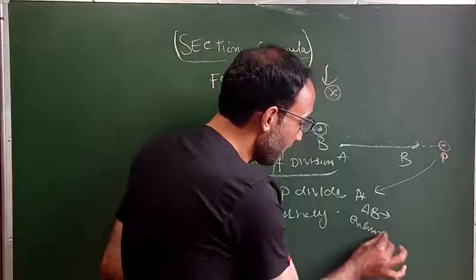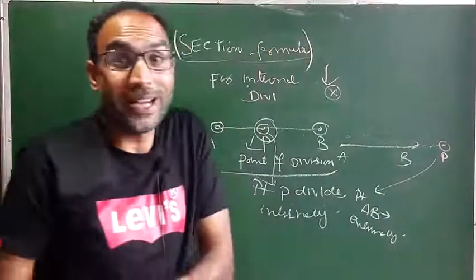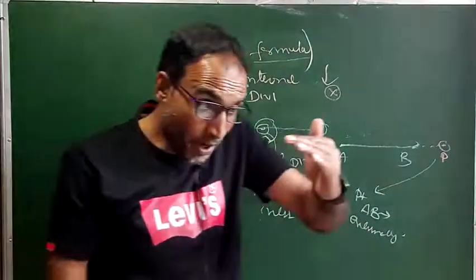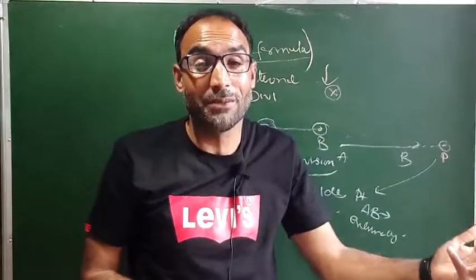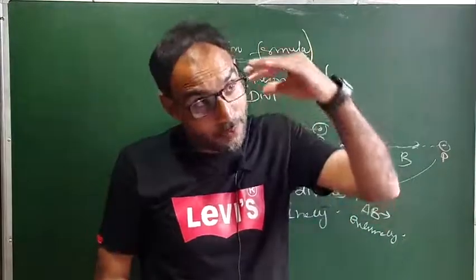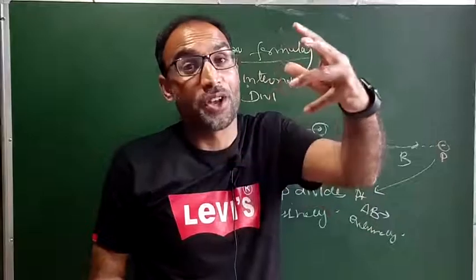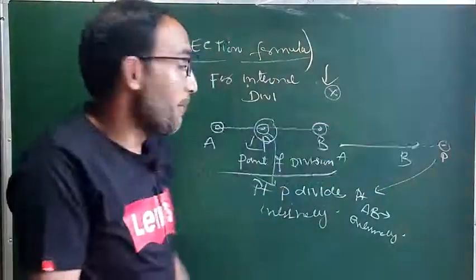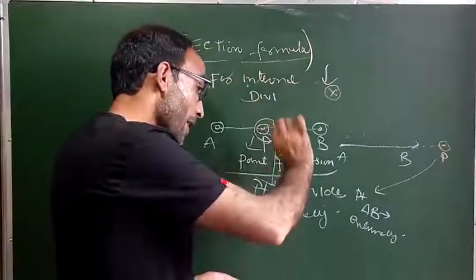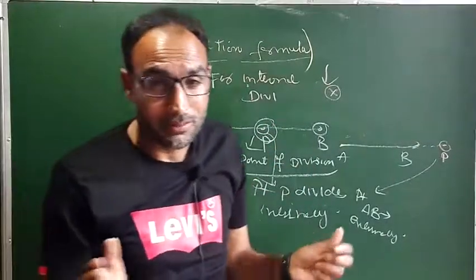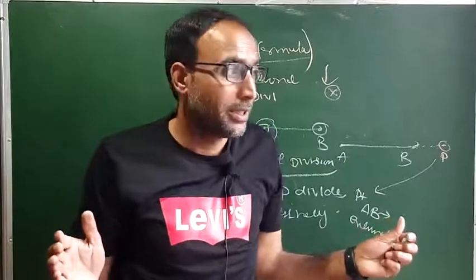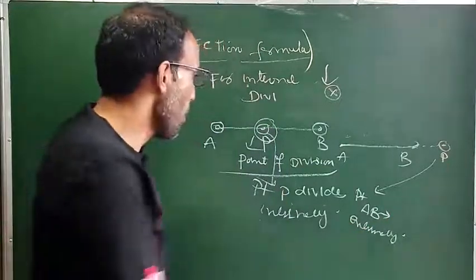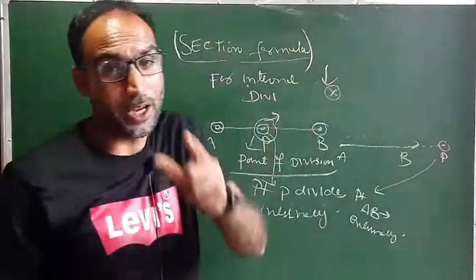Keep in mind, first of all, you should have a concept: when a point divides the given line segment internally, and when a given point divides the given line segment externally. तो मैंने बेटा आपको बताया, when a point lies between the ends of the given line segment, then the point divides the given line segment internally.